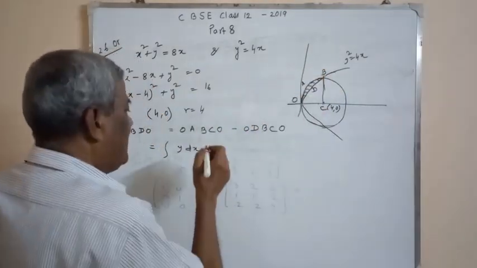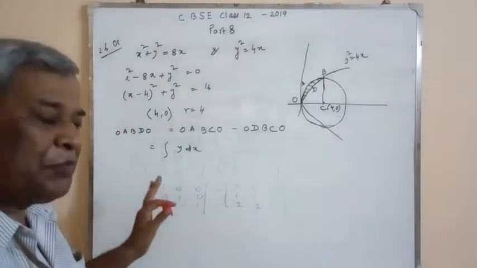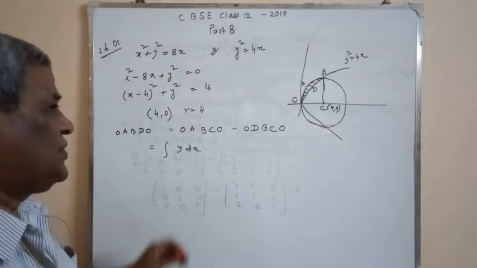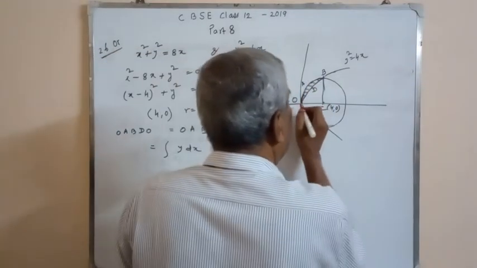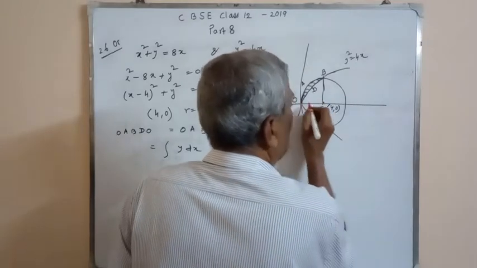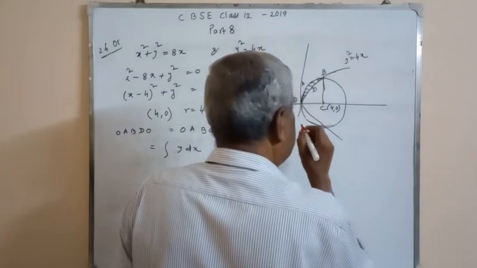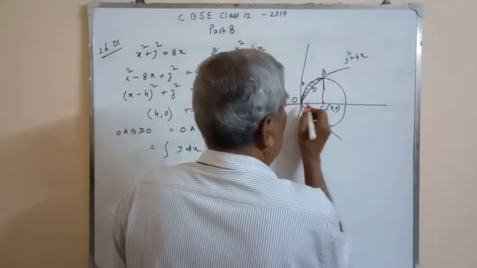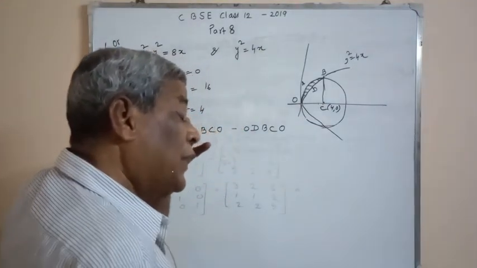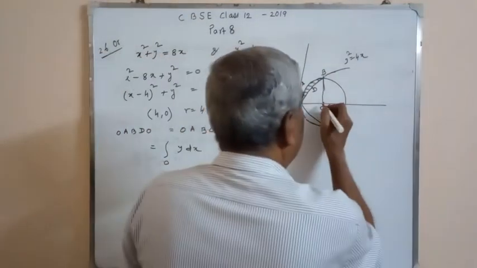And first of all, we have to find the limits of integration, the limits of x. Because the region is OABCO, the range of the x coordinate is from 0 to C. O is the origin, so its x coordinate is 0, and C is that point.